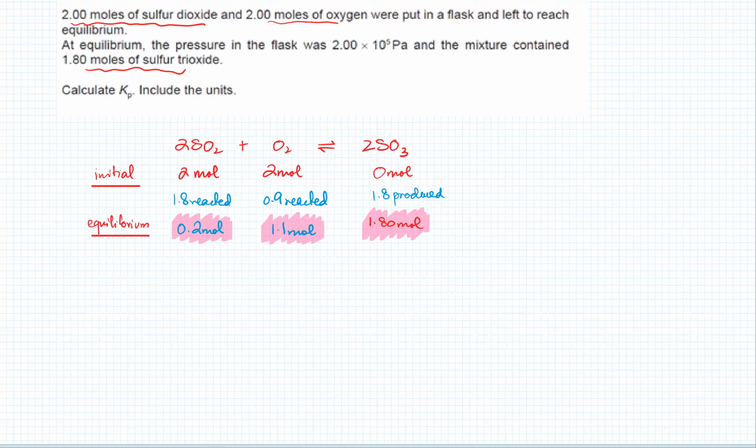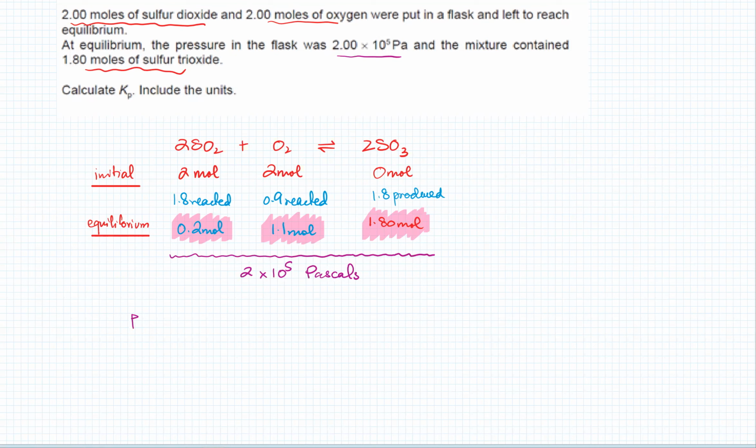Now, moving on. The only difference between Kc and Kp is that there's an extra step where you have to calculate partial pressure. These are your moles at equilibrium. All these moles together exert a pressure of 2 times 10 to the power 5 pascals. They told us. So it's the combined pressure of all these gases, and you have to find the pressure exerted by the individual gases.